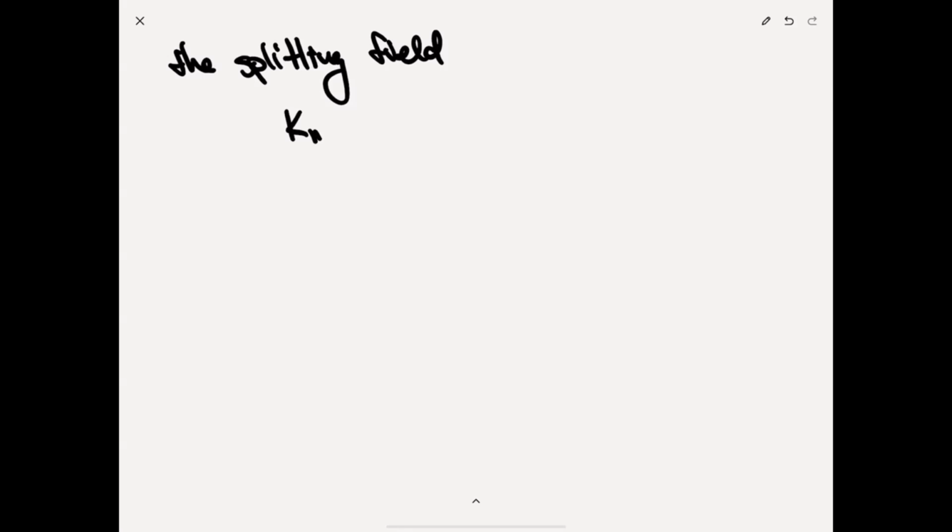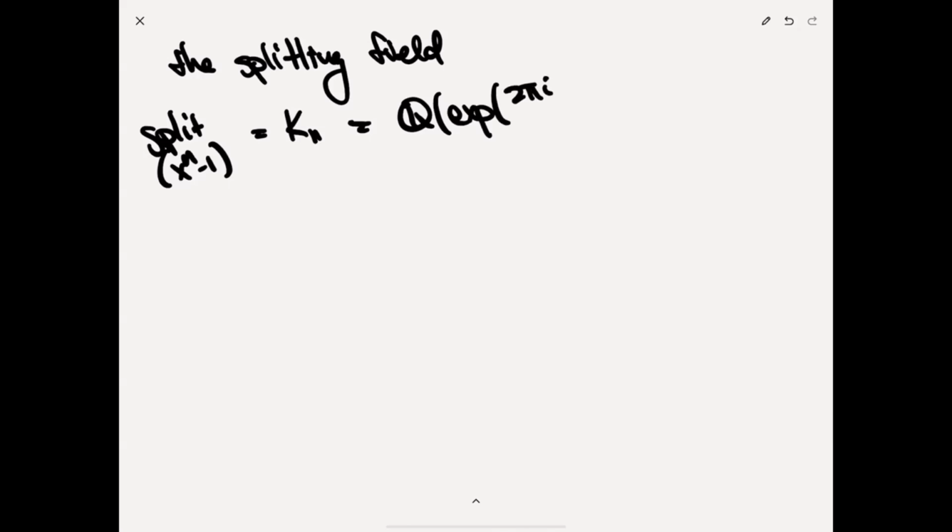So this is the splitting field of x to the n minus 1. So this is Q adjoin these numbers e to the 2 pi i j over n, where j runs from, let's say, 0 to n minus 1.